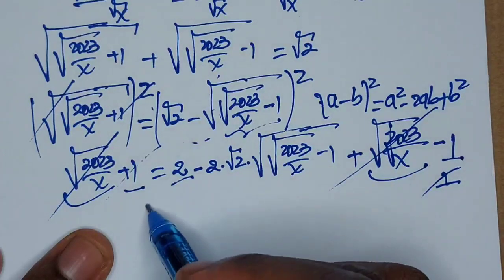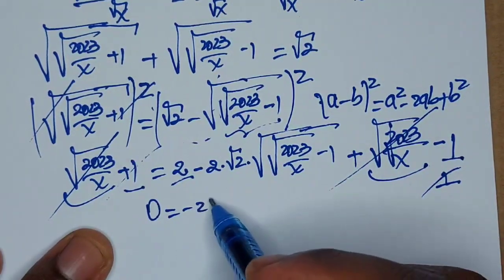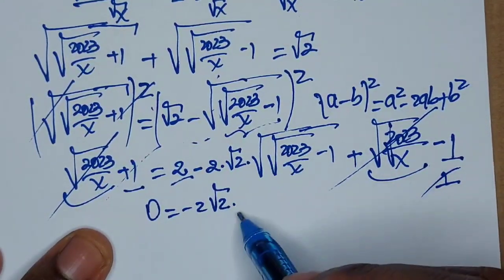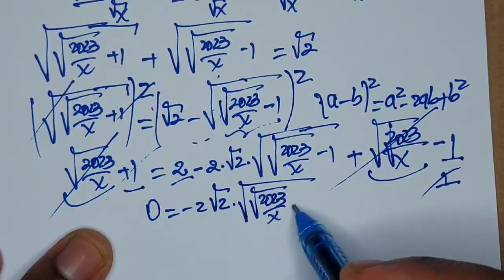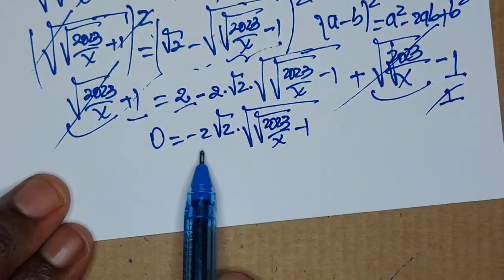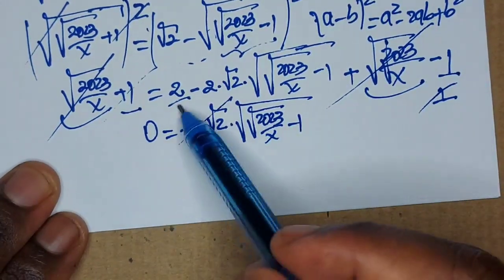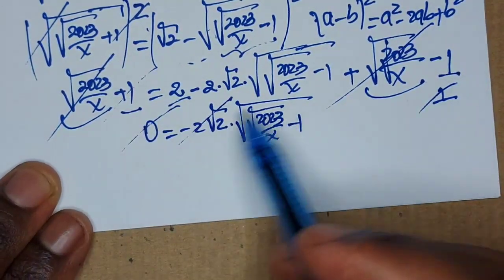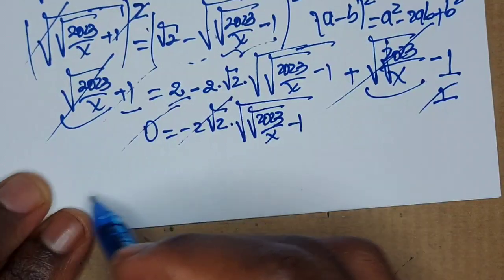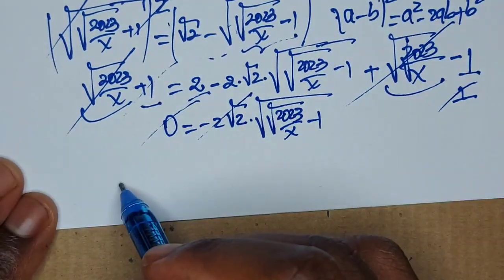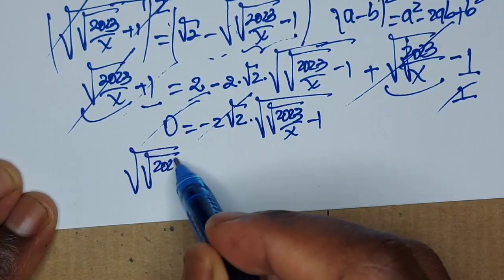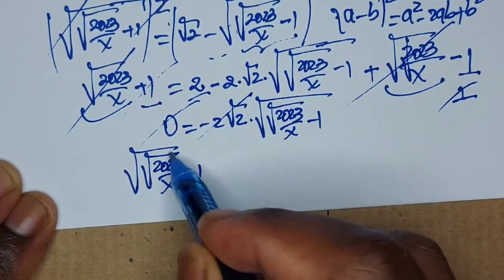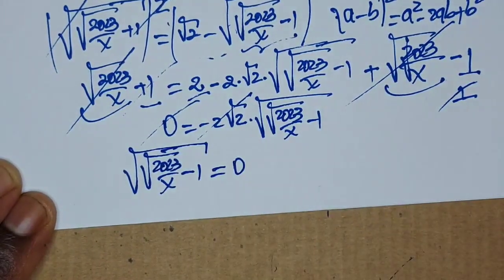So you have 0 equals minus 2 square root of 2 times this square root, which is 2023 over x minus 1. So now guys, you can see you can simplify this with 0, right? So we will have here square root of 2023 over x minus 1 equals 0.